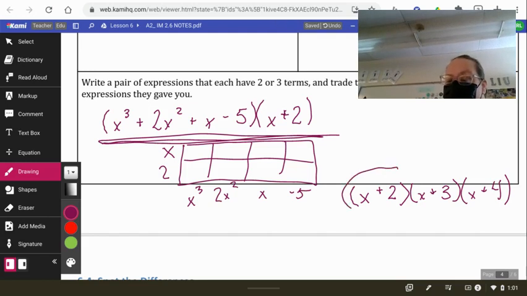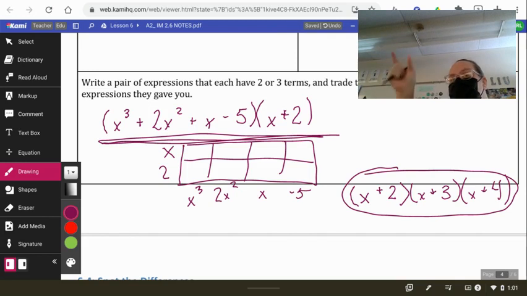What about this problem here? What would happen if I was multiplying more than 2 of them together? We can't really make our box bigger, right? Because we can't have 3 sides to a box. It's not a box anymore. That's not how it works. Any idea how we might multiply something like this?